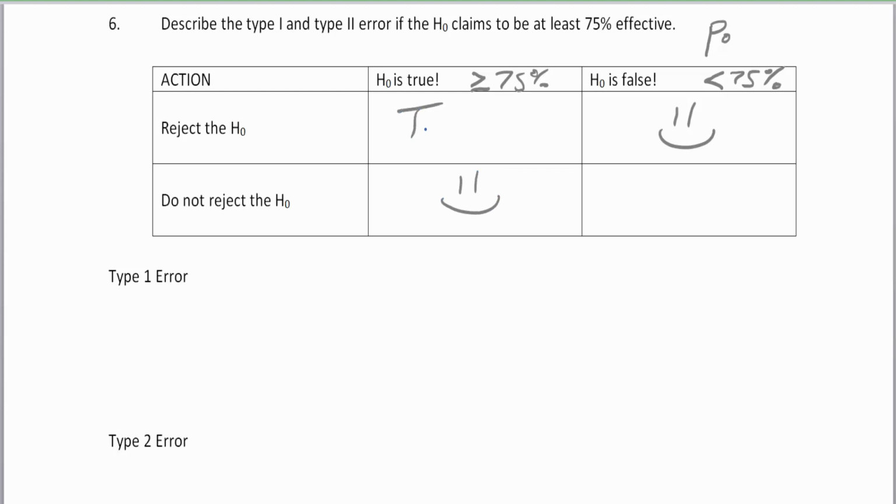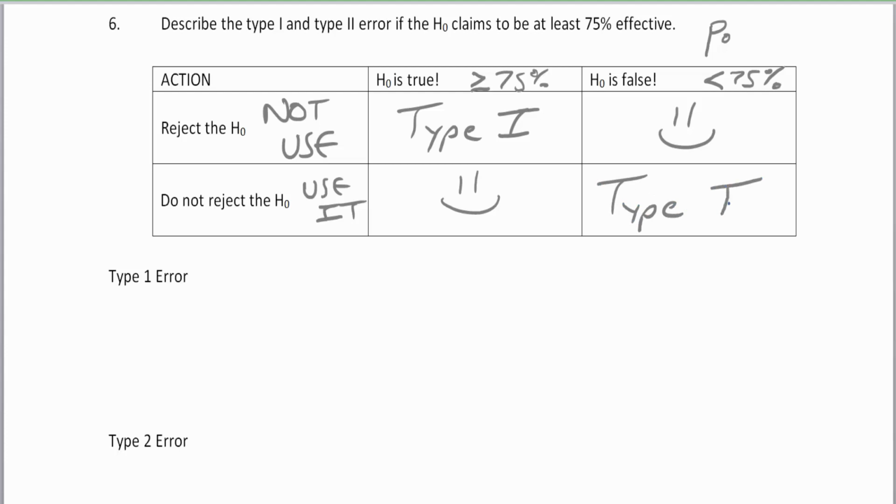But here's your type 1 error. All right? What we should have done is not used it, right? Don't use it if it's not 75% effective. But in this situation, we decided to use it anyway, because these two are opposites, and this is our type 2 error.